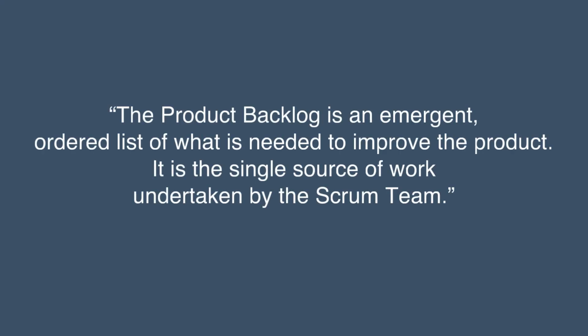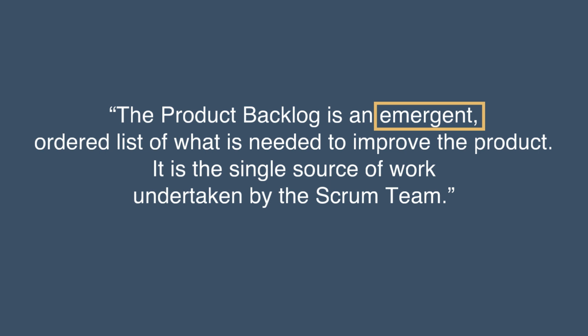But what happens as time passes and things change while the product is being developed? Market conditions change, and some features might not be relevant anymore, while a need for other new features might come up. Going back to the definition of the product backlog from the beginning of the video, notice that the term emergent is included.